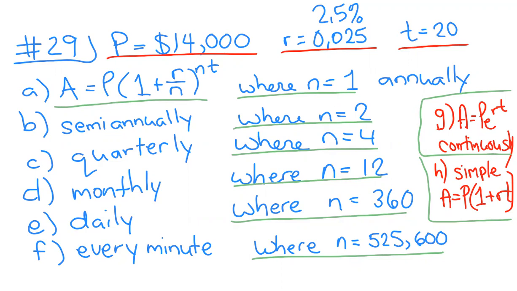But first, let's take a look at number 14, which is number 45 in your book. Find the cost of a home in 30 years, assuming an inflation rate of 1%, compounded continuously, if the present value of the house is $245,000. Okay, so let's clear this out.